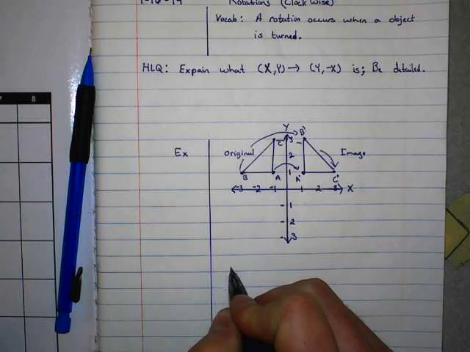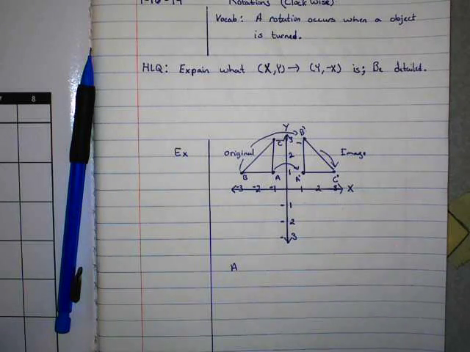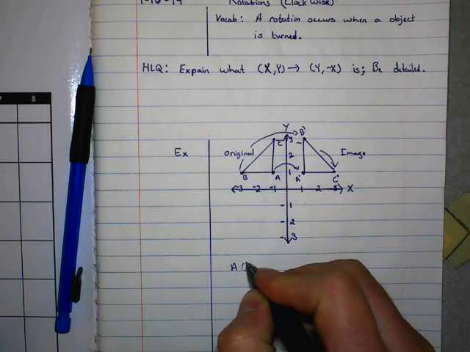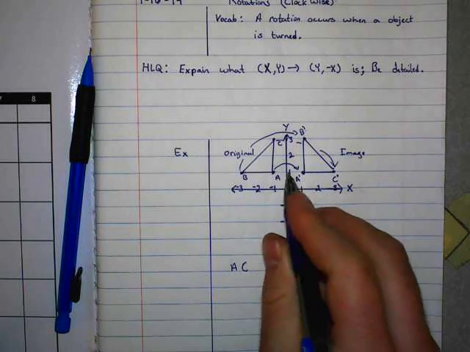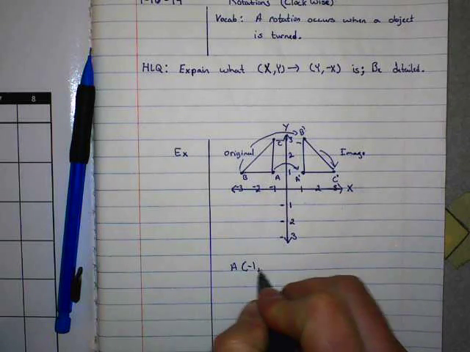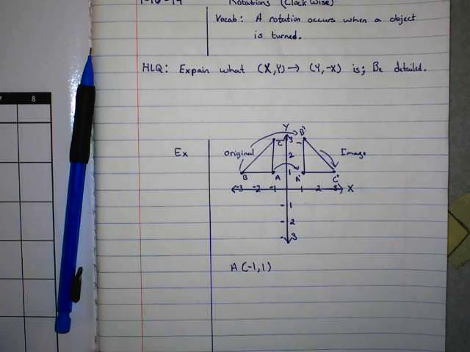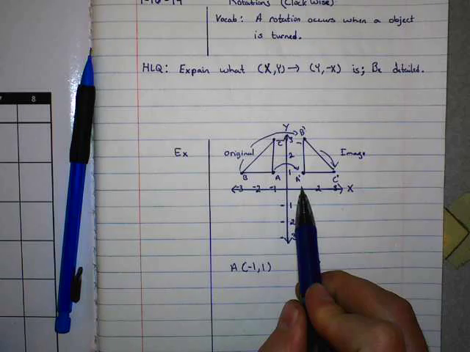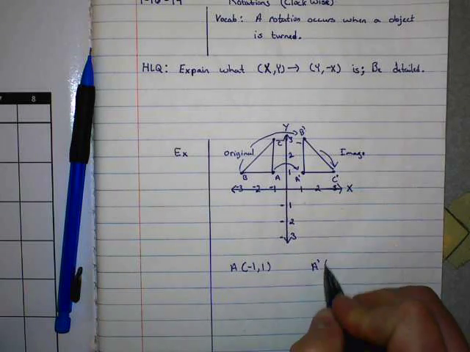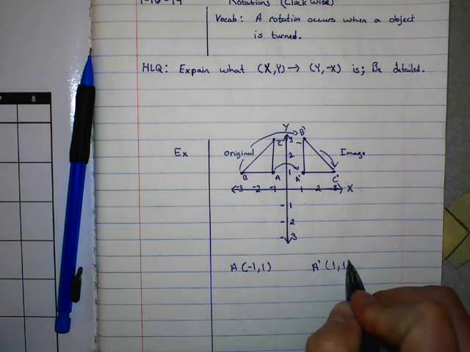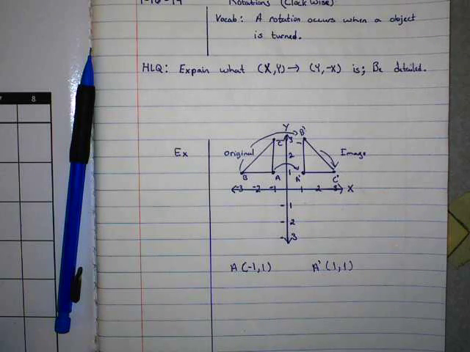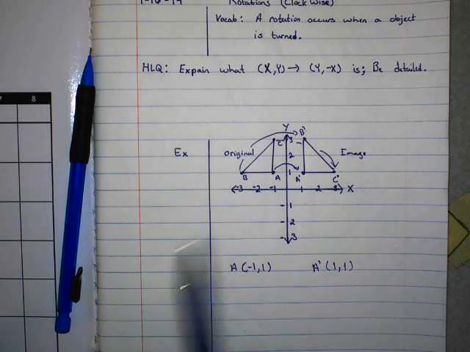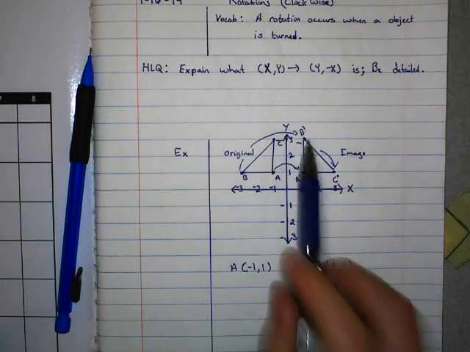So I'm going to make two columns. We'll start with A. Point A is located at negative 1, positive 1. Whereas A prime is located at positive 1, positive 1. So 1, 1 for A prime. Now, we will take B and look at B prime.